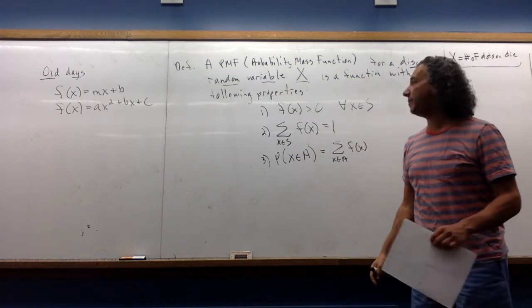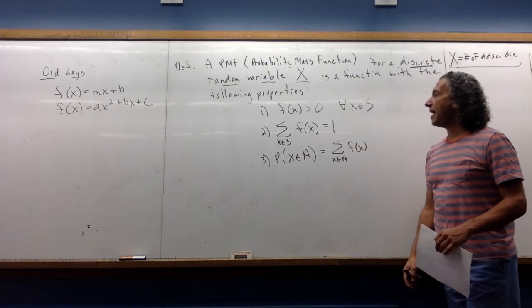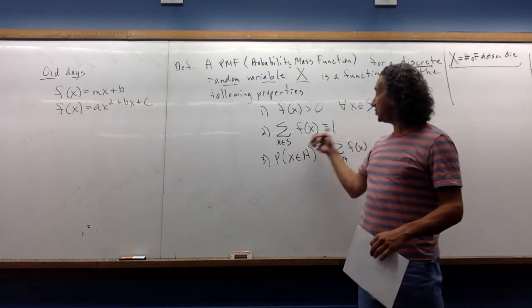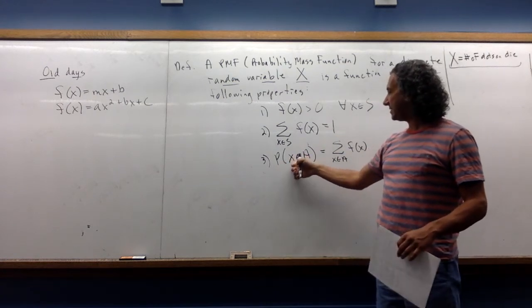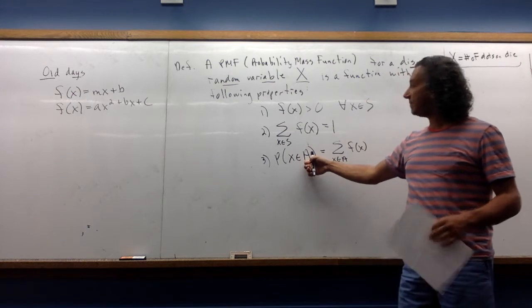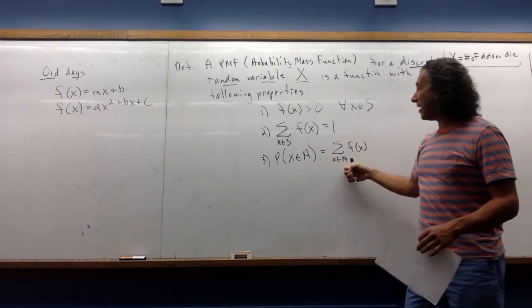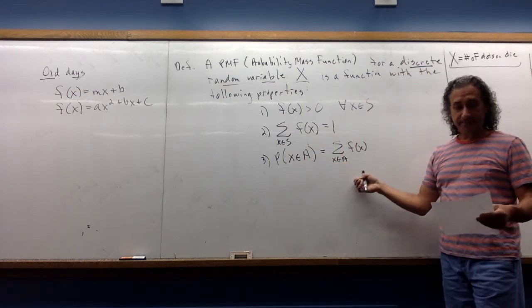If you sum up the probabilities over a whole sample space, you should get 1. And finally, the probability that x is in a particular subset can be found just by adding up those probabilities.